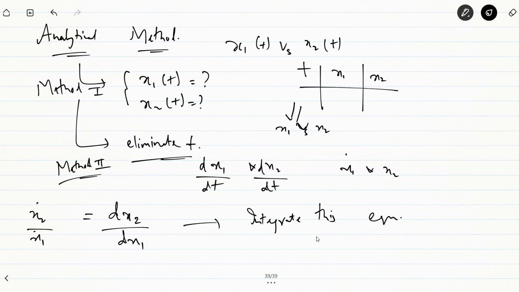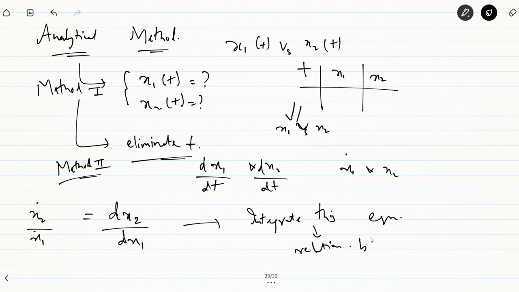Obviously, after integration, you will have a certain constant term. That constant term will have to be evaluated using the initial values of the system. And once you integrate this, you will be able to get an equation that will represent x2 and x1. And then once you have that equation, that basically is a relationship between x2 and x1.